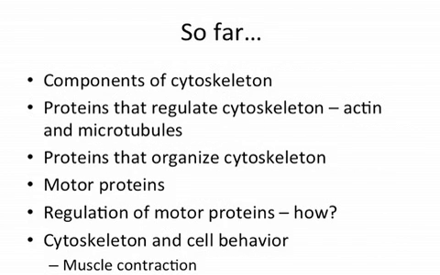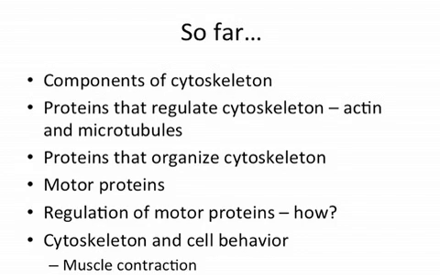Good. Okay, so we learned about the components of the cytoskeleton. We learned about the proteins that regulate the cytoskeleton, and in recitation, you've thought about that very deeply, hopefully. We learned about proteins that organize the cytoskeleton. We started to talk about motor proteins and how motor proteins are regulated.